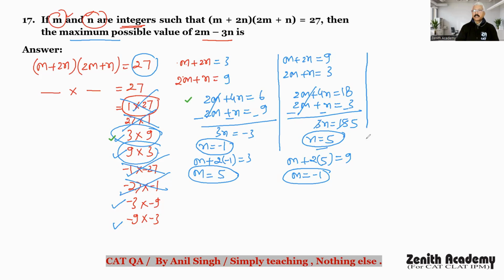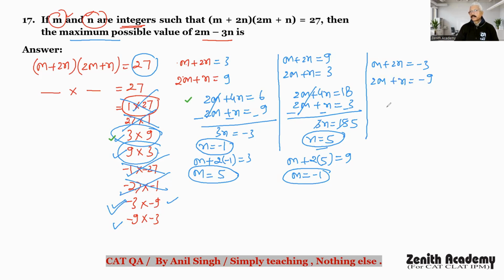Same way, if I take m plus 2n is equal to minus 3 and 2m plus n is equal to minus 9.